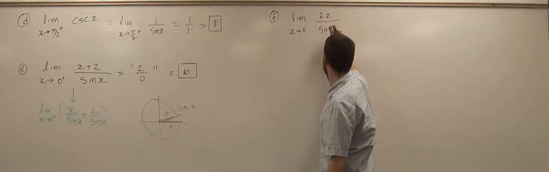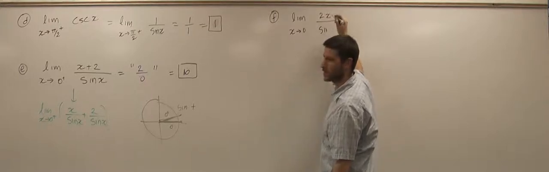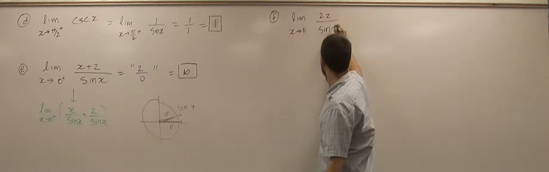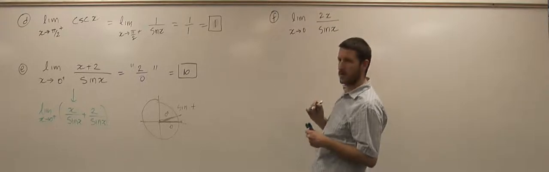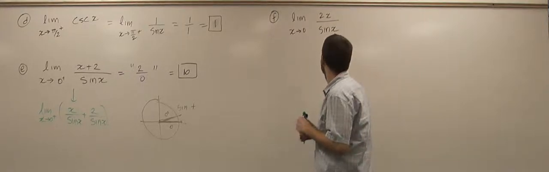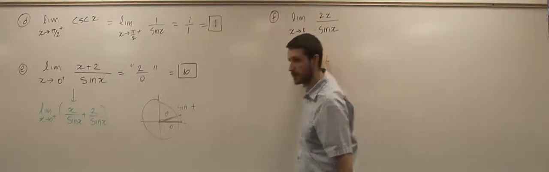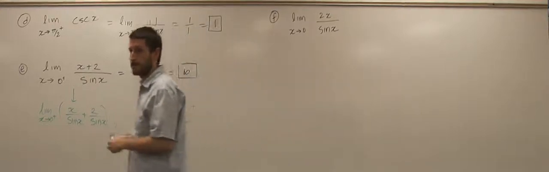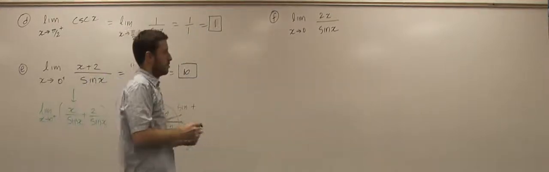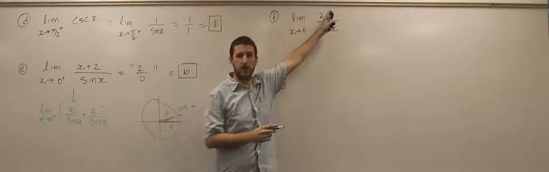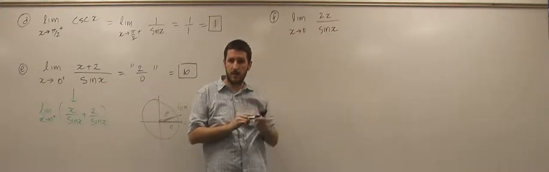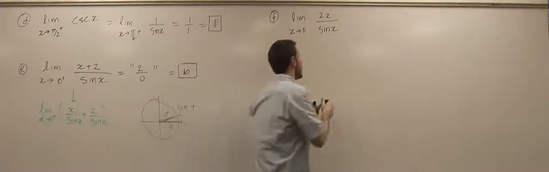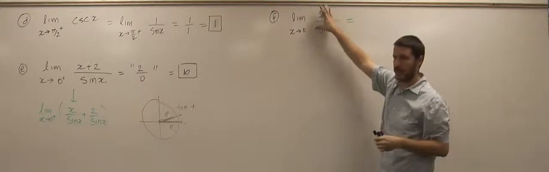Is that what you want, or do you want sine of 2x? Is this what you wanted? Wouldn't matter, right? So it'd either be 2 or 1/2. Right. So what's this limit? 1/2. Yeah, so when you plug in 0, you get 0 over 0. Right? So it's an indeterminate form. But we're going to make it look like our special trig limit now.